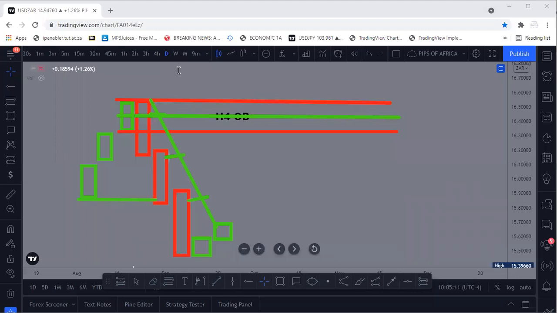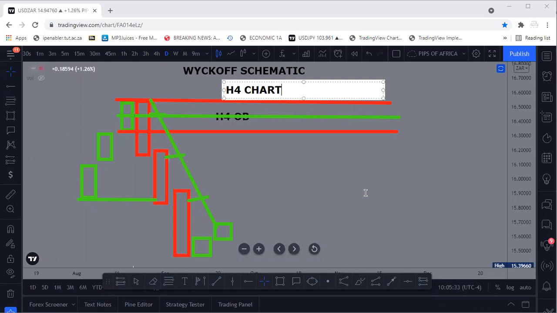Let me just write Wyckoff schematic. All right. So here let me write the H4 OB, the H4 time frame, the H4 chart.